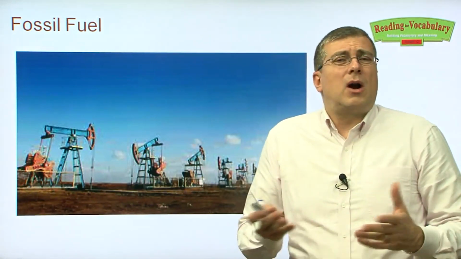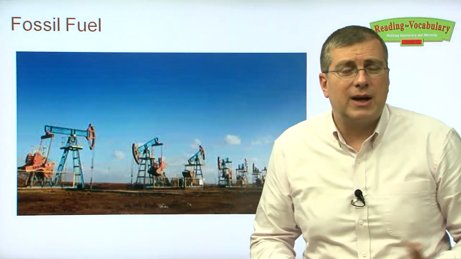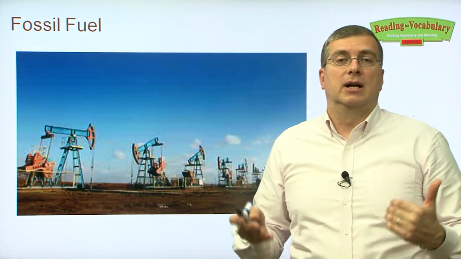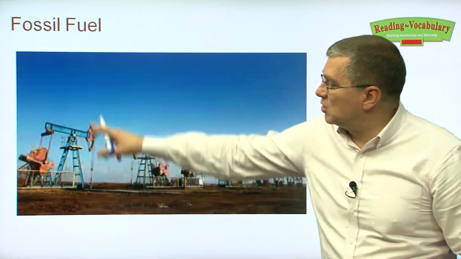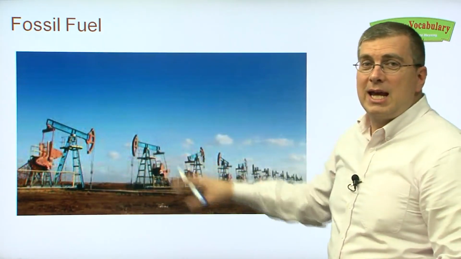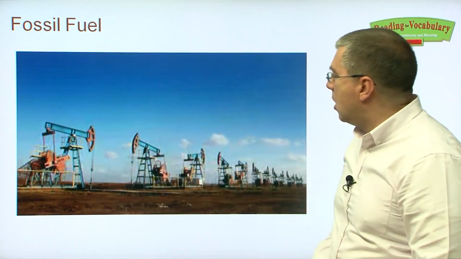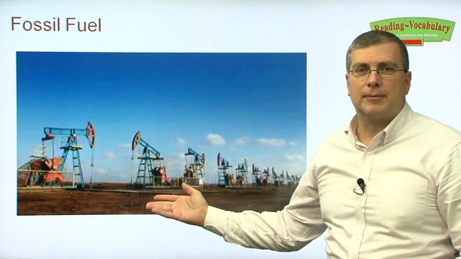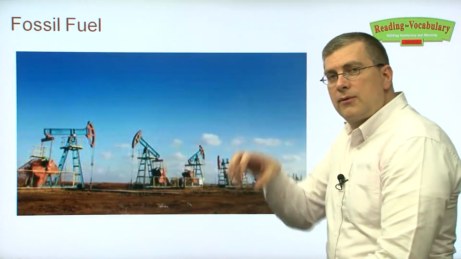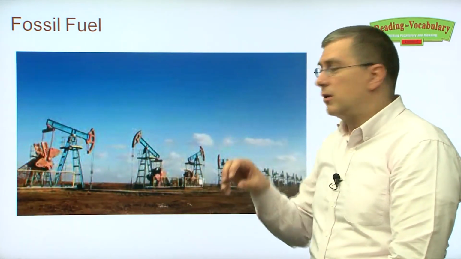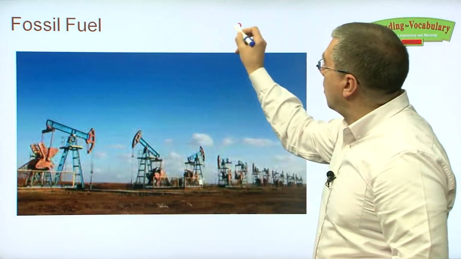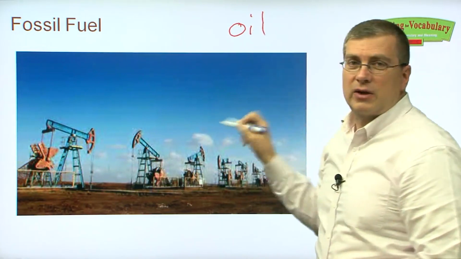First of all, what are fossil fuels? There are many kinds of fossil fuels. In this video, we can see these machines working in a field. What are these machines doing? They're getting oil from the ground. They're pumping up oil from deep underground. And oil is a fossil fuel.